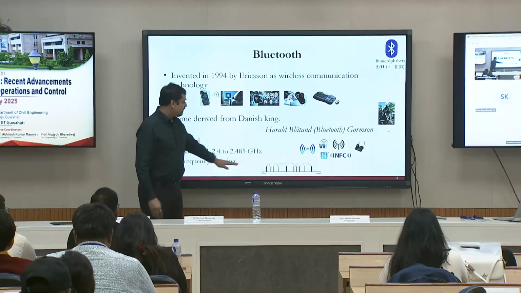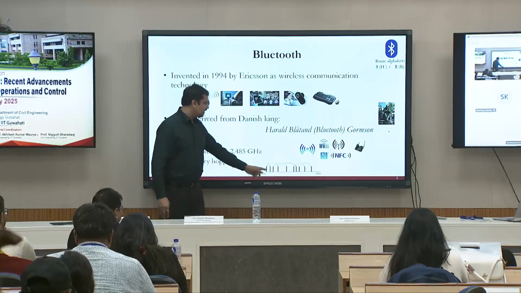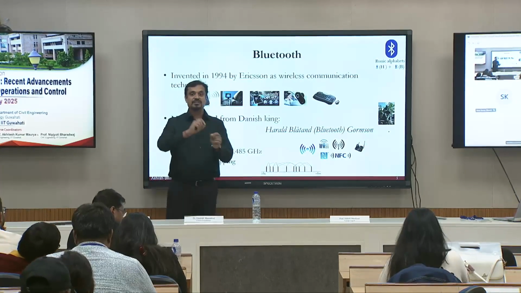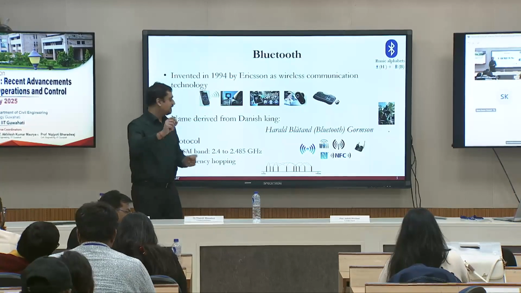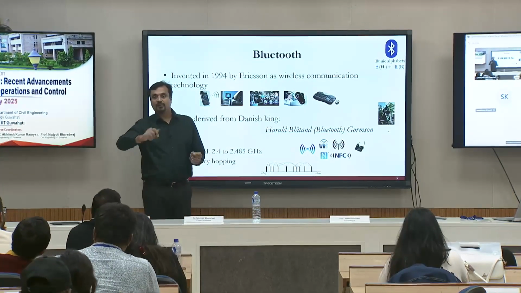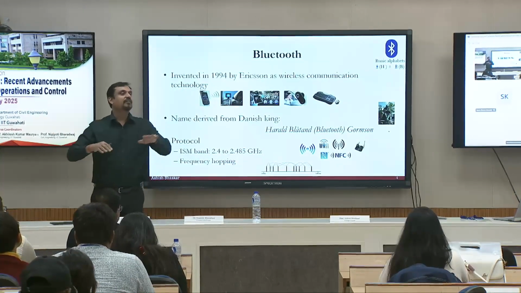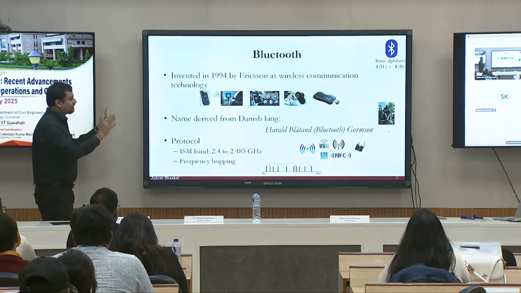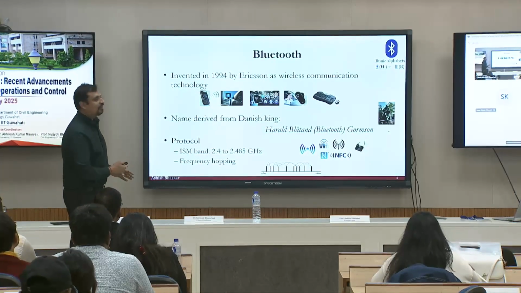The way it works is frequency hopping: it sends signals in one frequency, then hops to another, and so on, so that interference doesn't happen. So that's the introduction of Bluetooth.